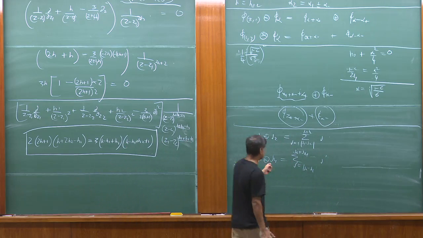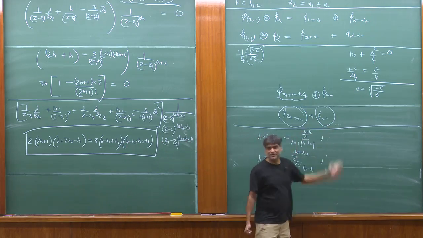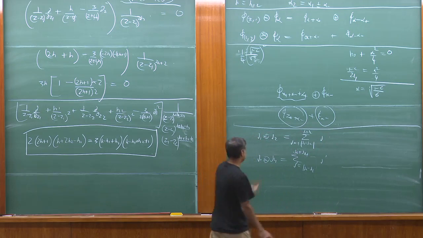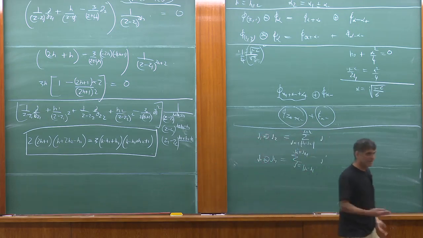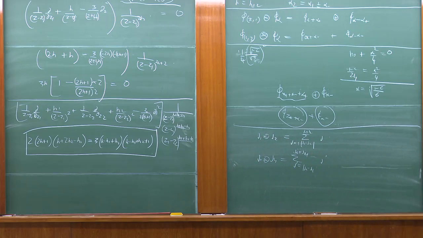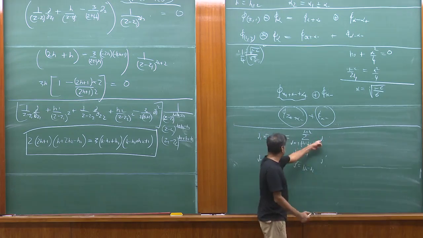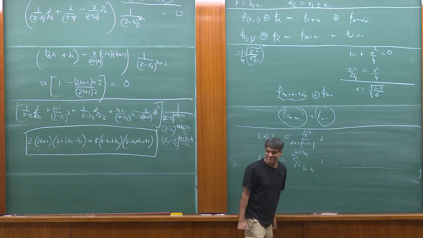Now we want to find a singlet in the product of j with j prime, where j and j prime run over these values. But in the product of two j's, there's a singlet only when j is equal to j prime. That follows from the same rule. Singlet means j1 minus j2 is equal to 0, but that only occurs if j1 is equal to j2. Okay, and therefore those values of j that occur both here and here each give us a singlet.